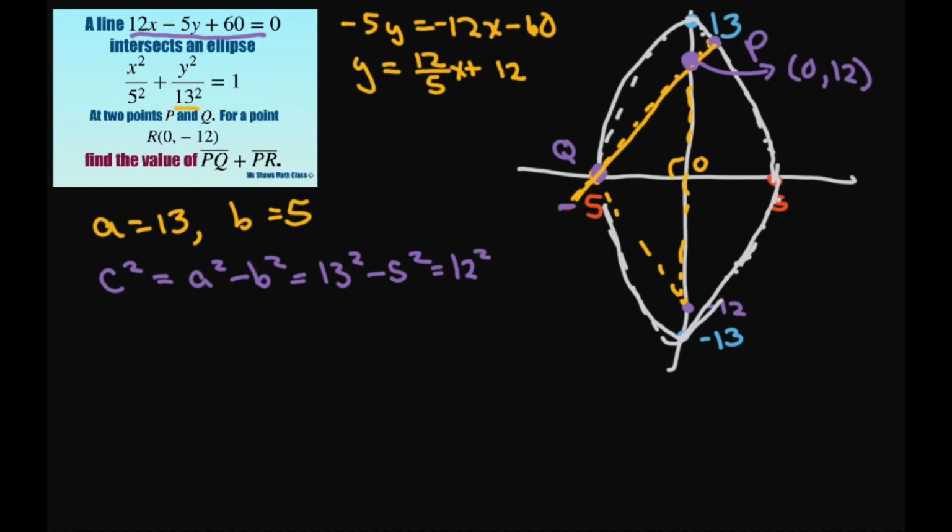So basically it passes through one of the foci here. Also, we have a point R here that also passes through the focus here. So this point here, we'll call this one F prime, (0, -12), and we'll call this one F.